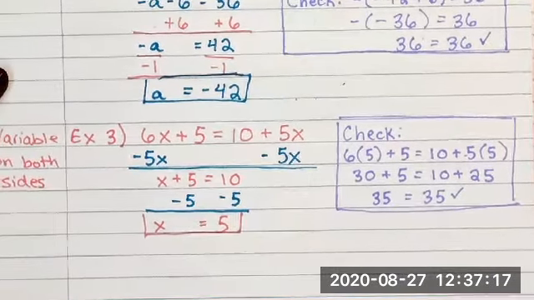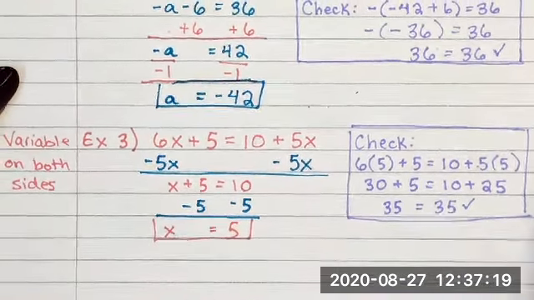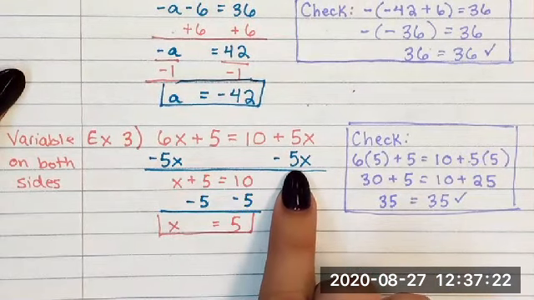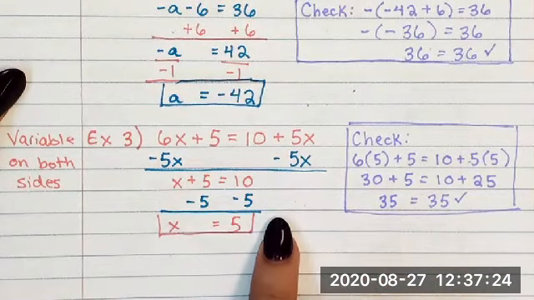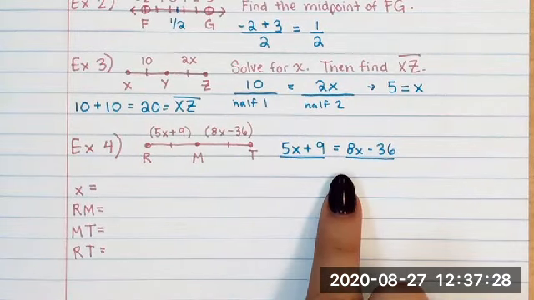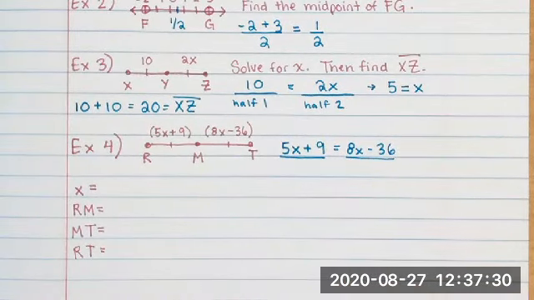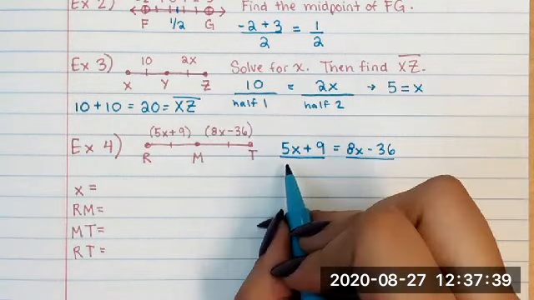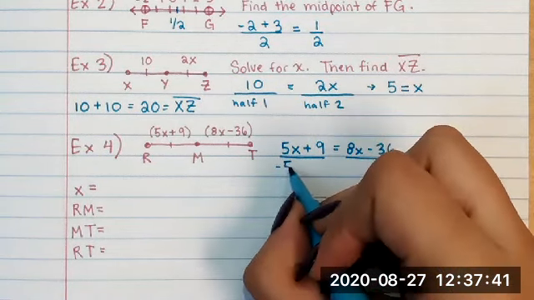So this is where we had a variable on both sides. We moved one of the variable terms and then solved from there. So at this one, I have to decide which variable I want to move. And I mentioned in that lesson, I always like to move the smaller number because it makes my math a lot easier. So I'm going to choose to move 5x because it'll keep my numbers positive.